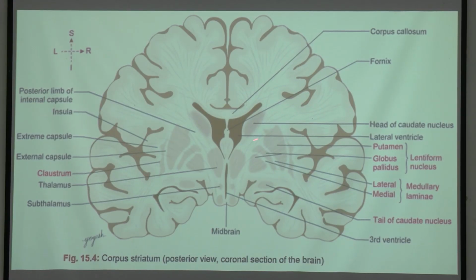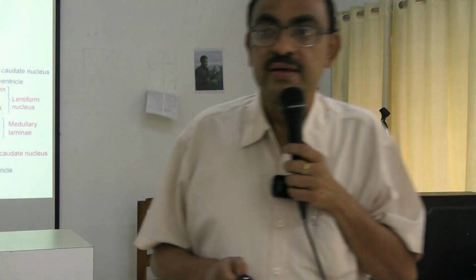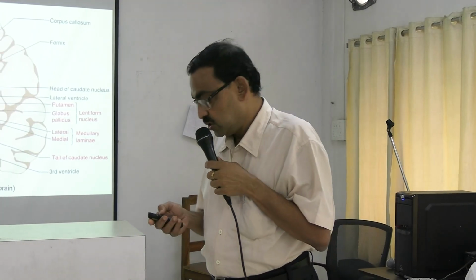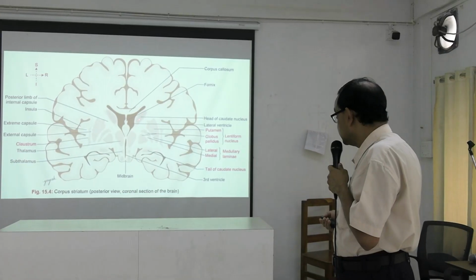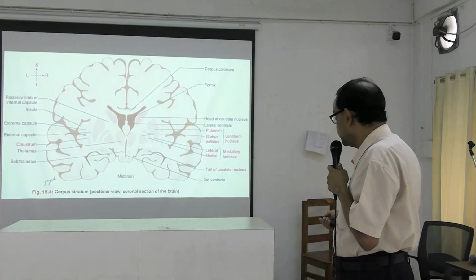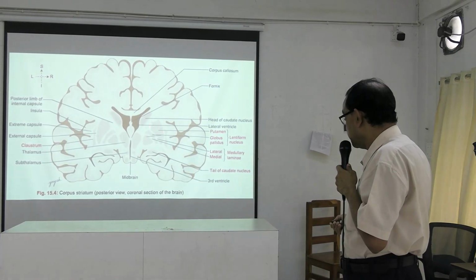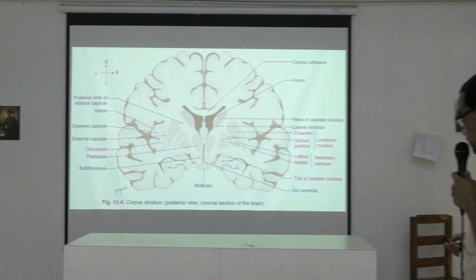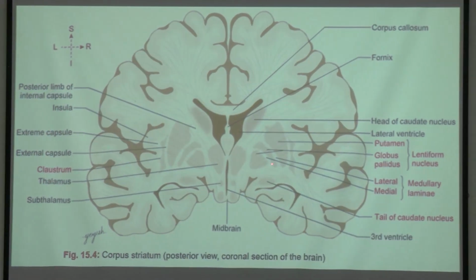So this area and this area are present in the subcortical region below the cortex. So they are called subcortical grey matters: the head of the caudate nucleus, then the putamen and the globus pallidus, which as a whole is called the lentiform nucleus.